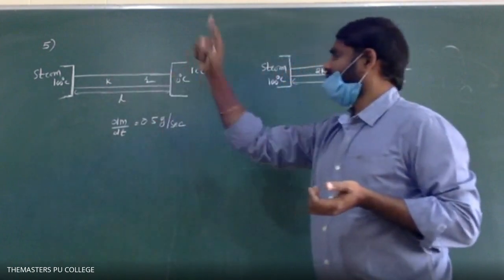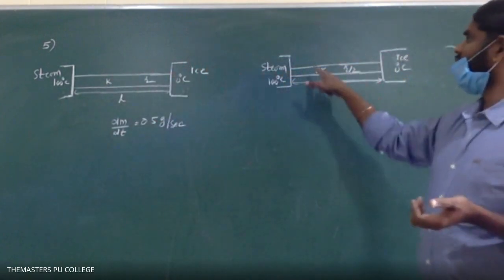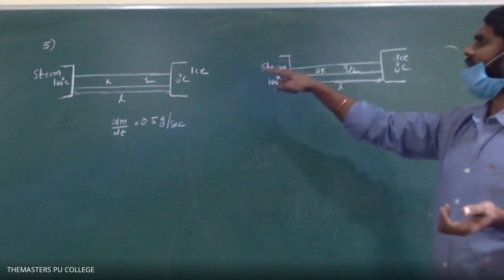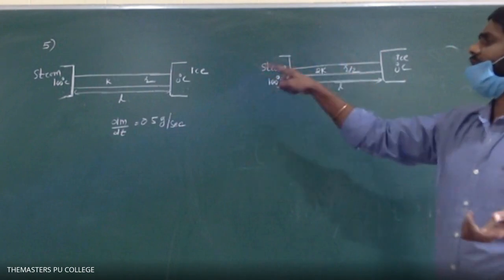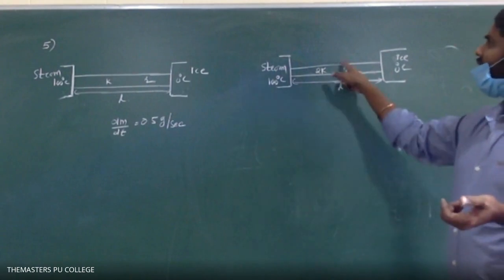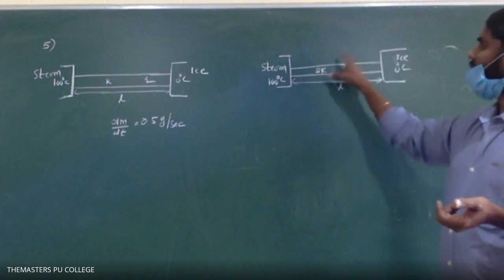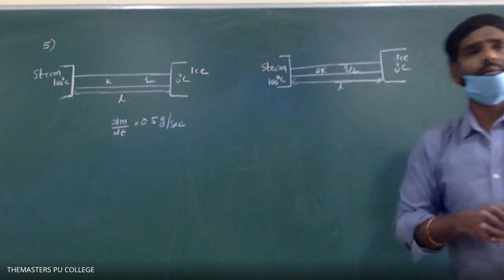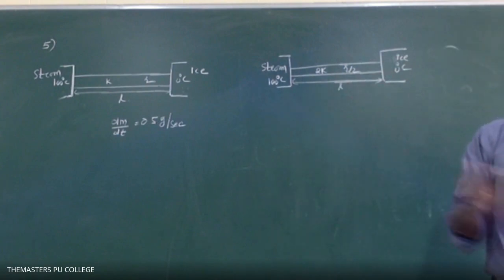Now the rod is replaced by one whose thermal conductivity is 2 times the earlier one, radius is half, and length is the same. How much ice will melt per second? That is what they are asking.